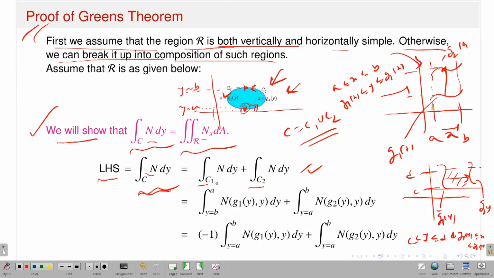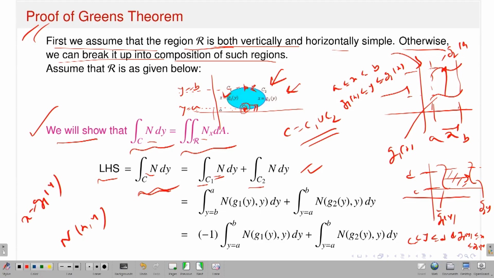Now look at C1, which is the curve g1 of y, so I have the parameterization. If I want to convert it to a y variable, I have the integrand capital N of x comma y. This time C1 is given by x equal to g1 of y.